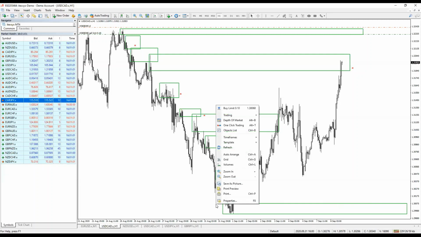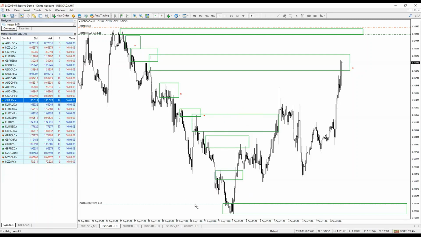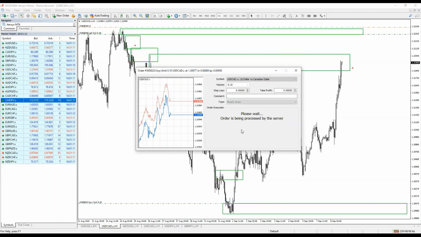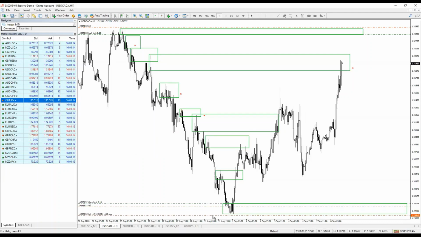We are going to buy limits here, and leave our stop just below this one. Okay, and we will wait for the first approach to this level to buy.